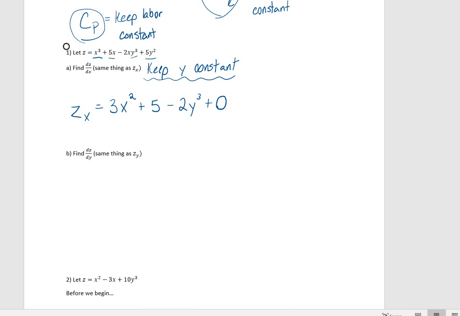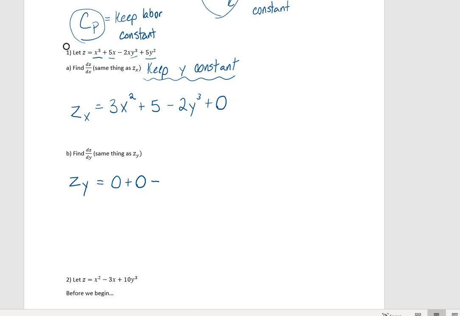Now, on the second one, we're going to find the derivative with respect to y. So this time we're going to treat x like it's a constant. So the derivative of x cubed, remember, we're just treating it like it's a number, so that would be 0. The derivative of 5x, remember again, we're keeping x constant, so we're pretending it's a number, so that would also be 0.